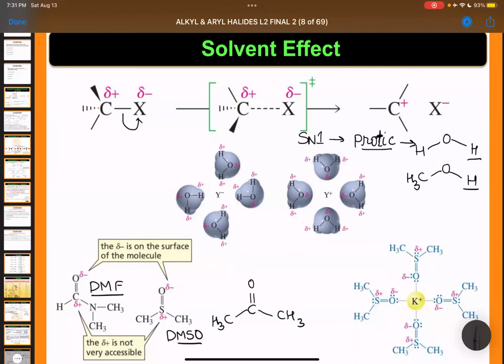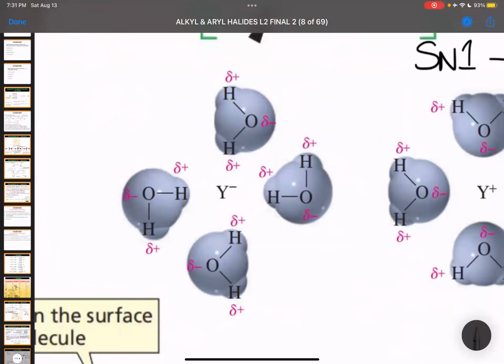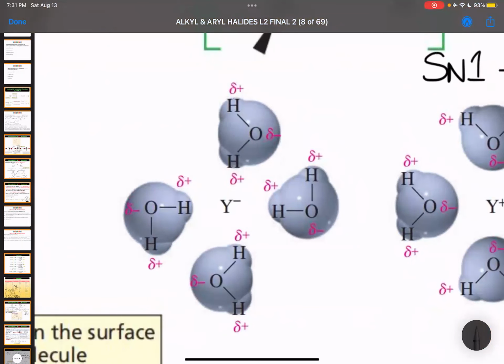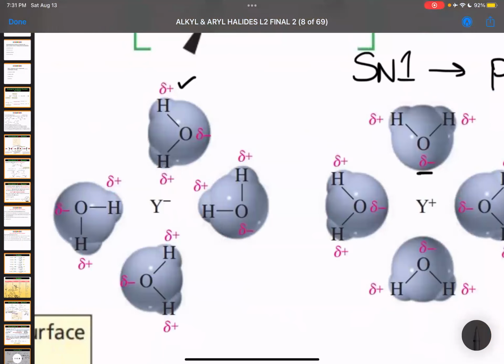So an SN1 reaction can happen very easily with protic solvents. Water is the most common protic solvent: it has a positive charge on H and a negative charge on oxygen because of the electronegativity difference. So it can help stabilize both the cation and the anion very well. How?